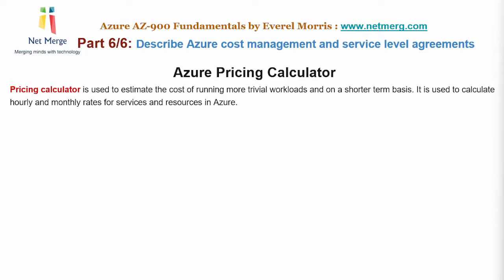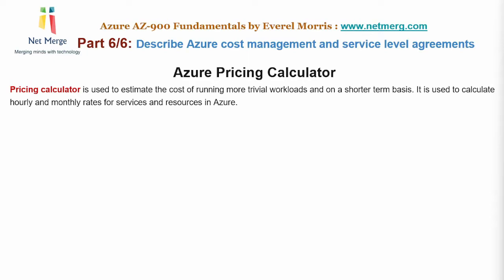I don't want you to get confused with the calculators the way I did. So the TCO calculator is for one-time migration when you're doing an overall site comparison for your on-prem or your CapEx expenditure and also your OpEx expenditure.